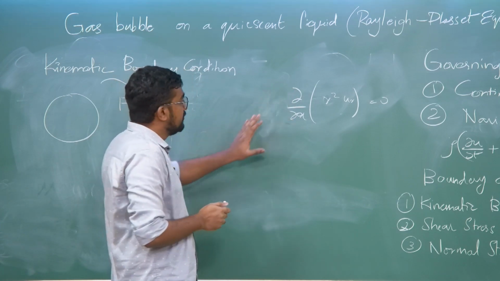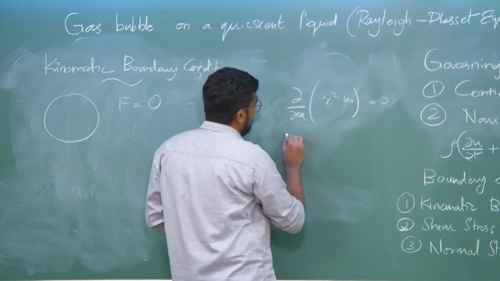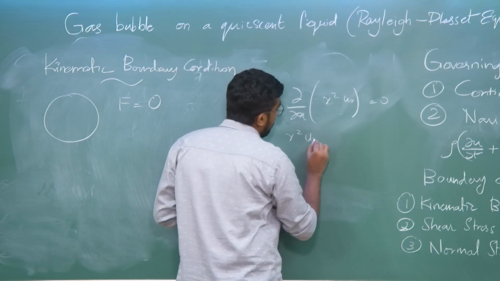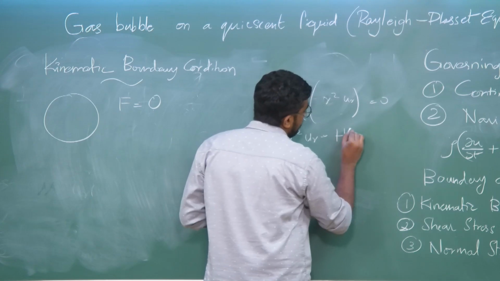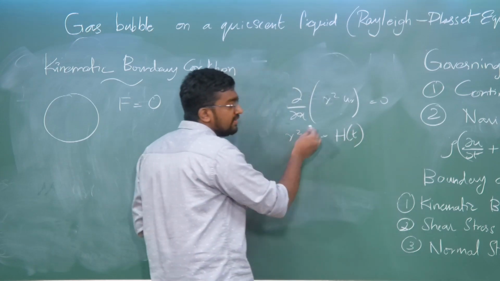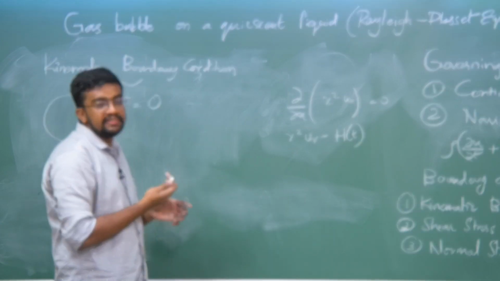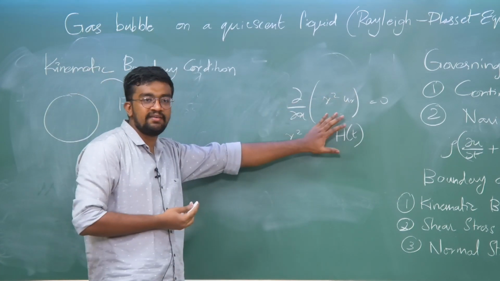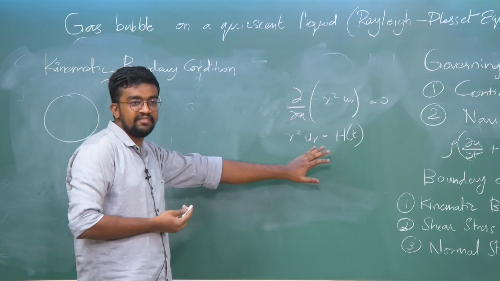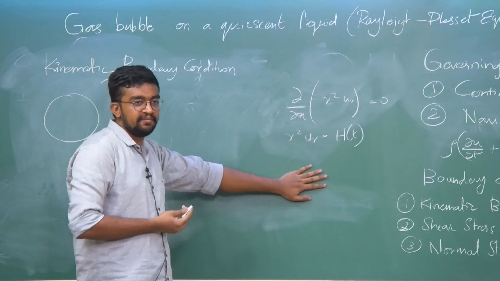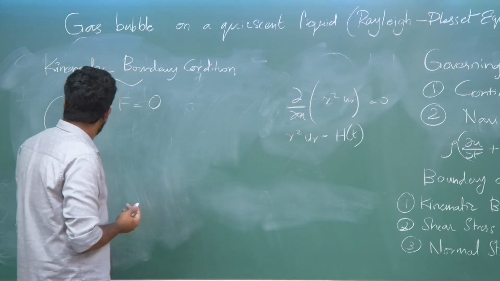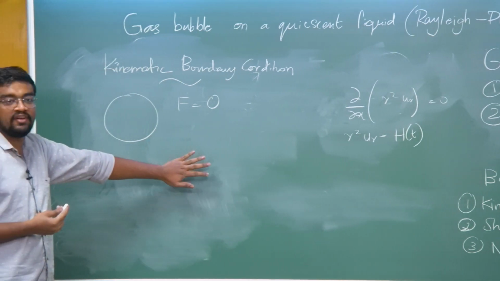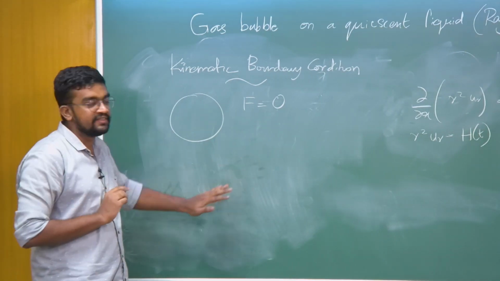That constant was h of t, r square u r is equal to h of t. Since it is a partial differential equation and u r is a function of time and r, we do not know that time variation, that we need to find out. So, to find this h of t only we are using the kinematic boundary condition.